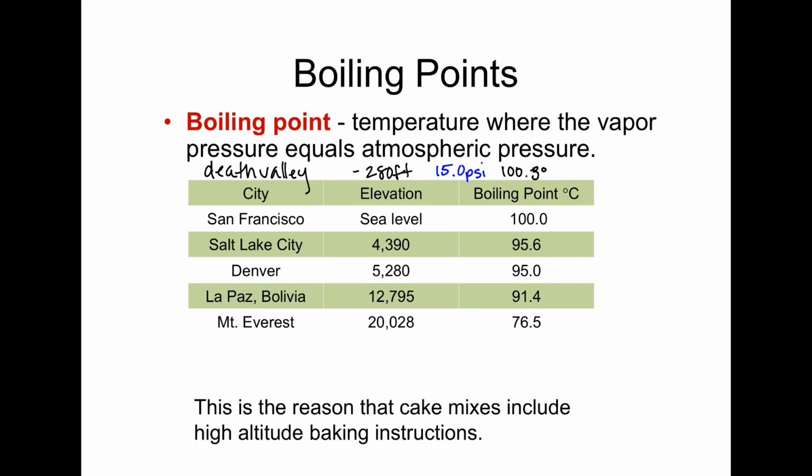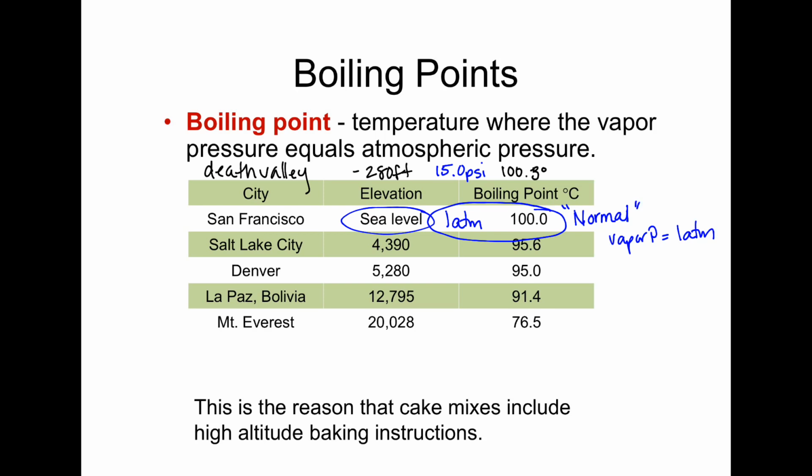The normal boiling point is the one where the vapor pressure is equal to 1 atmosphere. And that's actually at sea level. At sea level, we're at about 1 atmosphere. So this one is the normal boiling point for water.